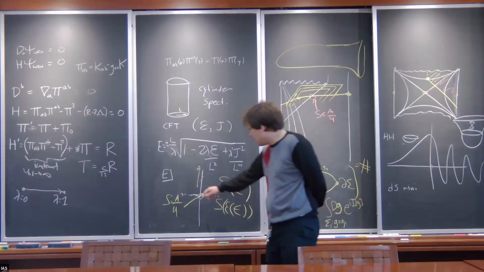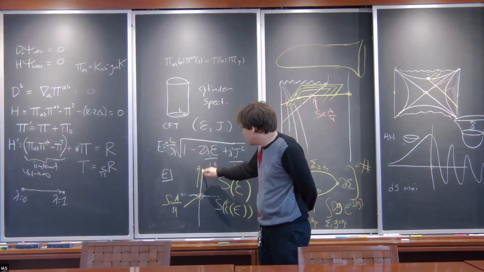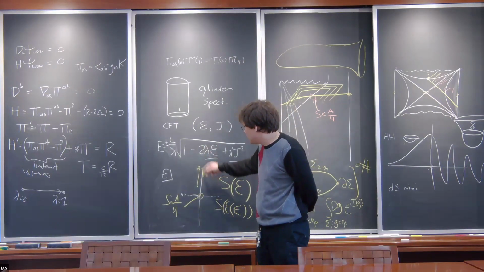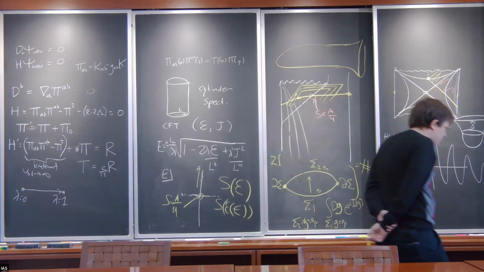And the microcanonical partition function doesn't exist. I think it does not, because there are a lot of states here, and there's an oscillatory contribution times an exponentially growing one, the trace of e to the minus beta H.